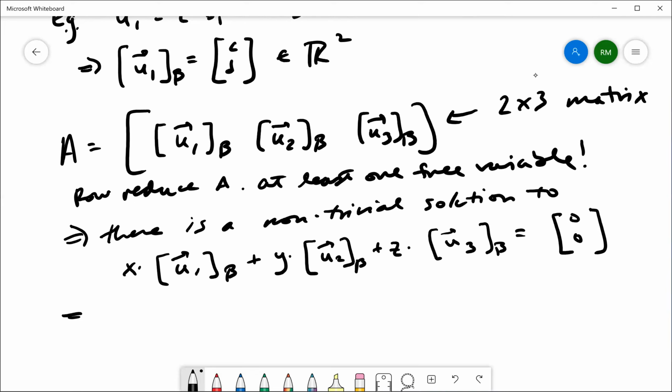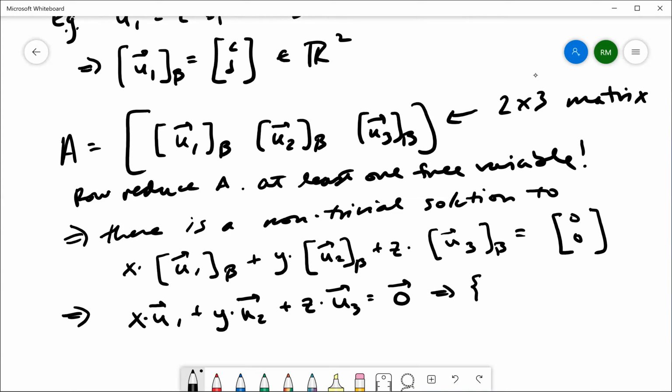And that in turn tells us that x times u1 plus y times u2 plus z times u3 is actually the zero vector, which implies that this set is linearly dependent.